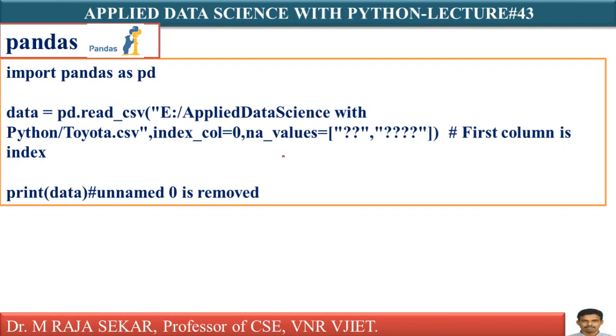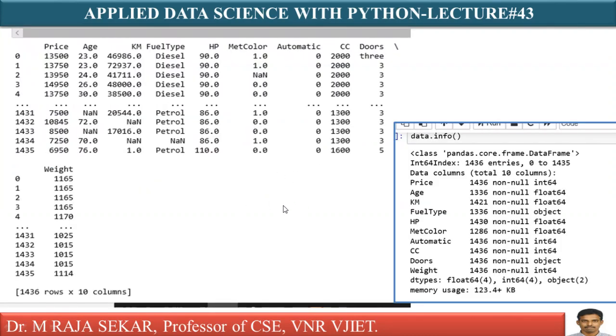Now let's move ahead and get a concise summary of the data frame. How will you get a concise summary of the data frame? Again, data.info. After adding this particular argument, just see, in the earlier data frame we had question marks. In the place of question marks, these nan values are replaced.